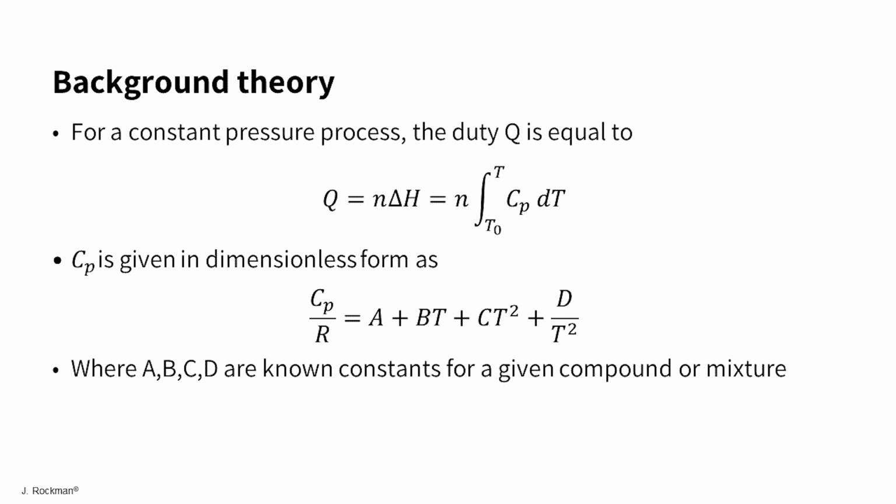So Q equals N times delta H equals N times the integral from T0 to T of Cp dT, where Cp is given in dimensionless form as Cp over R equals A plus BT plus CT squared plus D over T squared.